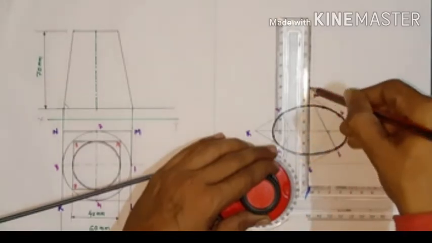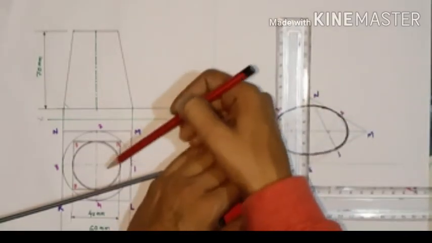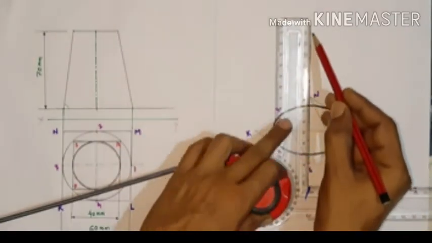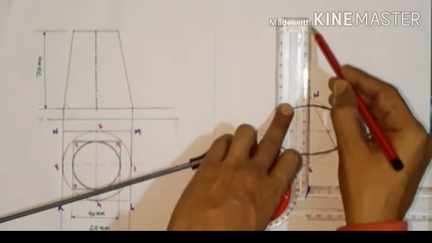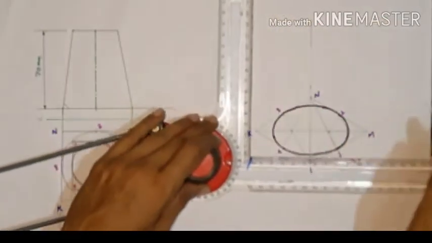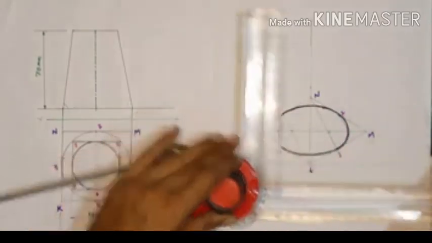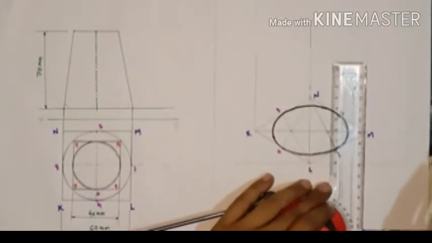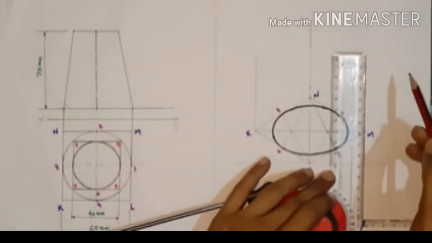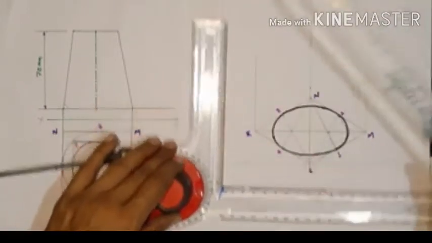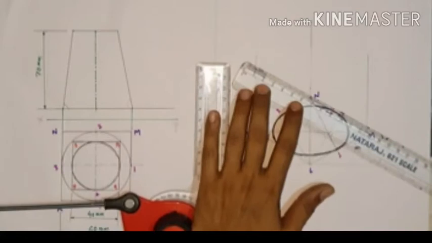This is your L point, or you can say this is your Q point. Now for this is your 15. Okay, now from here this is here, and now like this. Okay, now we need to join again.